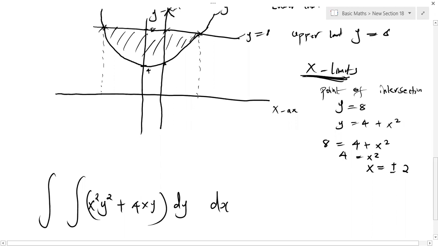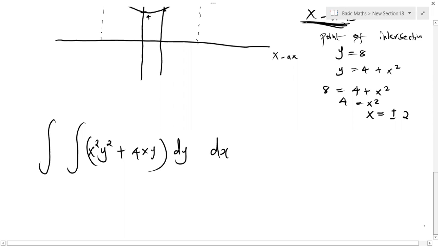So we're going to write our limits now. The limits here, we found them to be y equal to 4 plus x squared, and y equal to 8. And for x, we found -2 and 2. Then we go ahead and now integrate.